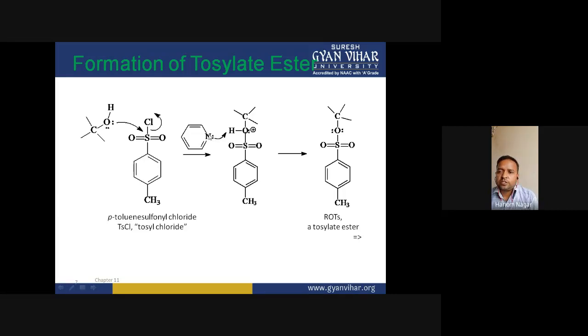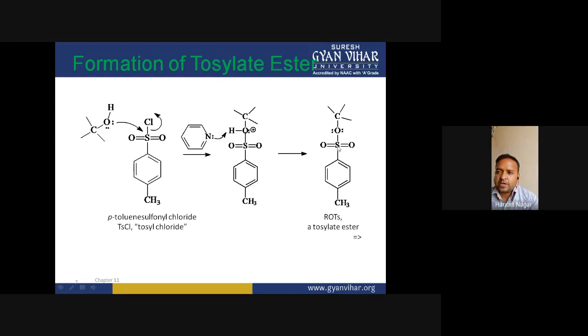This is a nucleophilic attack on this acidic hydrogen. The acidic hydrogen reacts with the base, and only the H plus ion is removed from this compound, and this produces the compound called a tosylate ester.